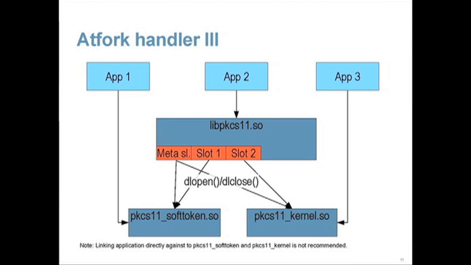The meta slot usually offers the union of all providers, and it contains a lot of locks inside as well. And each of these three libraries often has atfork handlers.